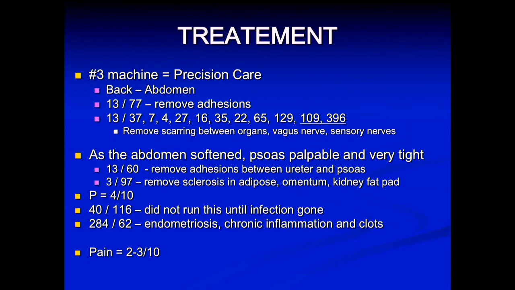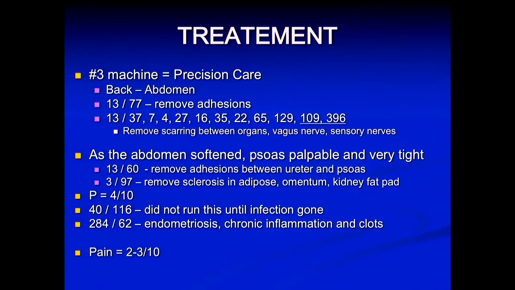And as the abdomen softened, it was possible then to palpate her psoas. It was incredibly tender. And her quadratus lumborum and her psoas were rock hard and very tight. And why would the cerebellum tighten the quadratus lumborum and the psoas? What organ, what visceral structure lays across those muscles? The kidney, the ureter, and the fat pad behind the kidney.